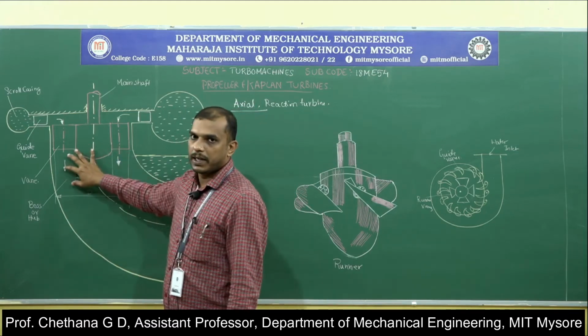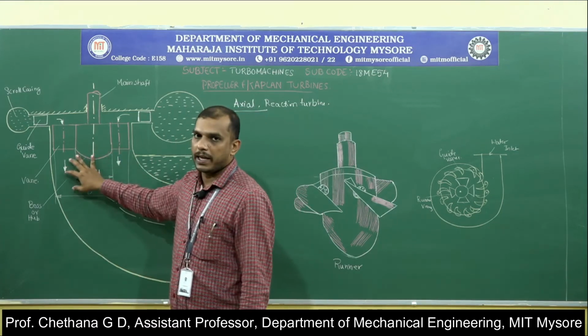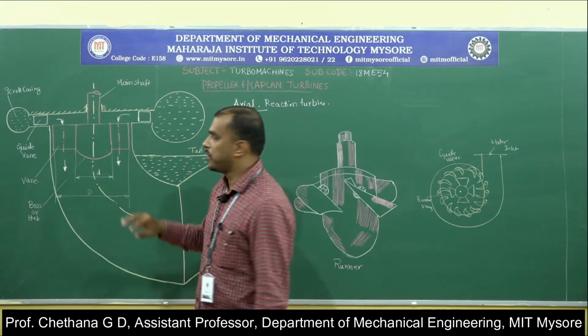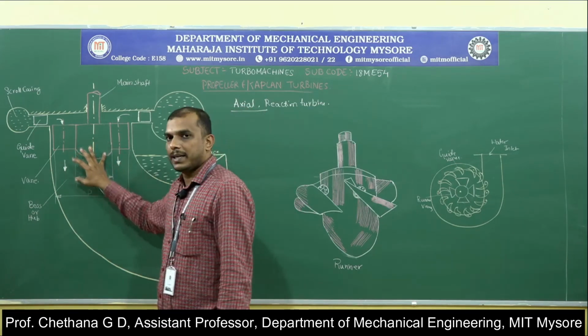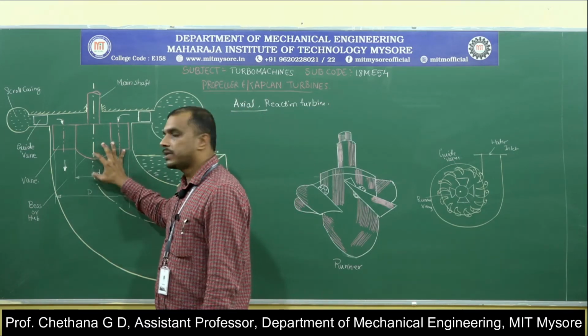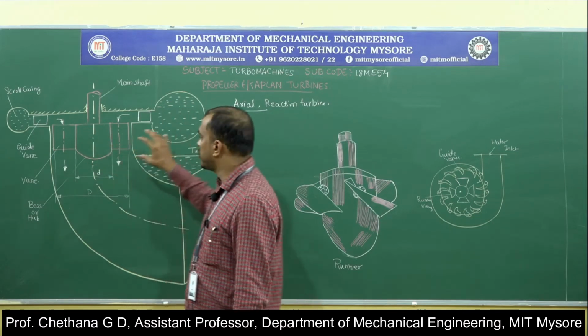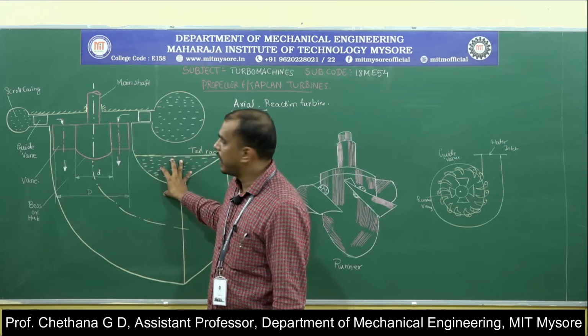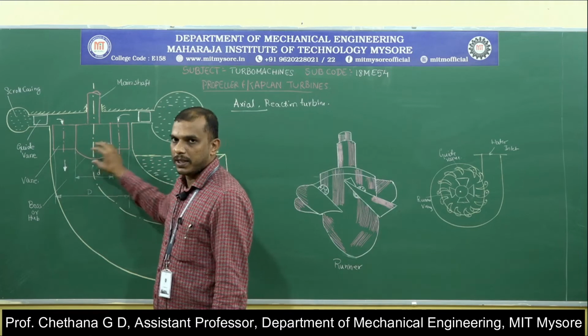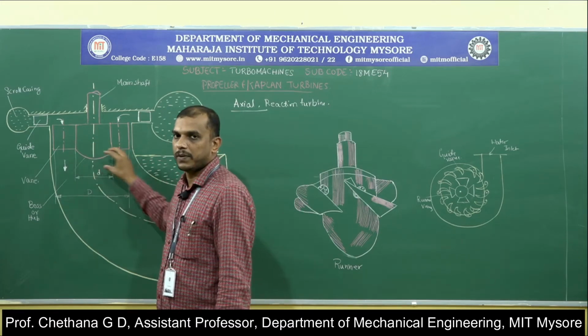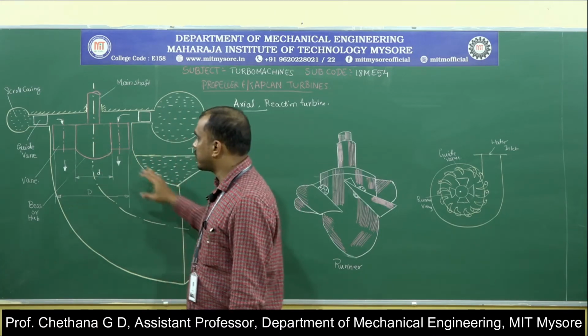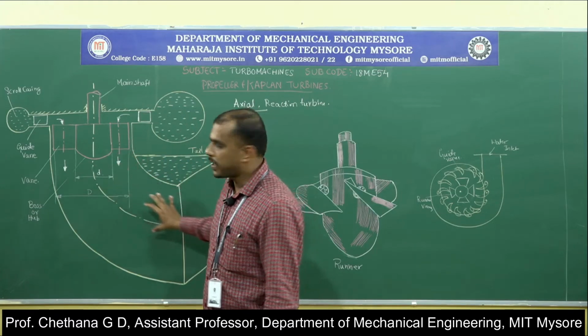Now we know that here the kinetic energy will be higher, we do not want to waste it. So there is a draft tube which connects the exit of the turbine to the tail race, and here we also know that the pressure energy will be lower, that also will be increased as it moves along.